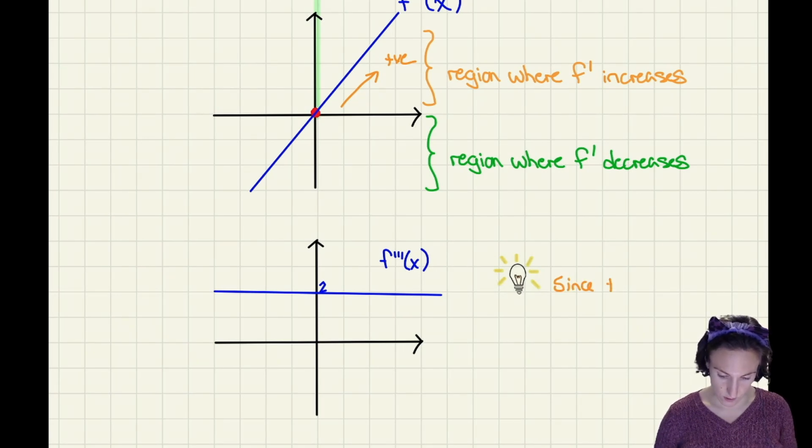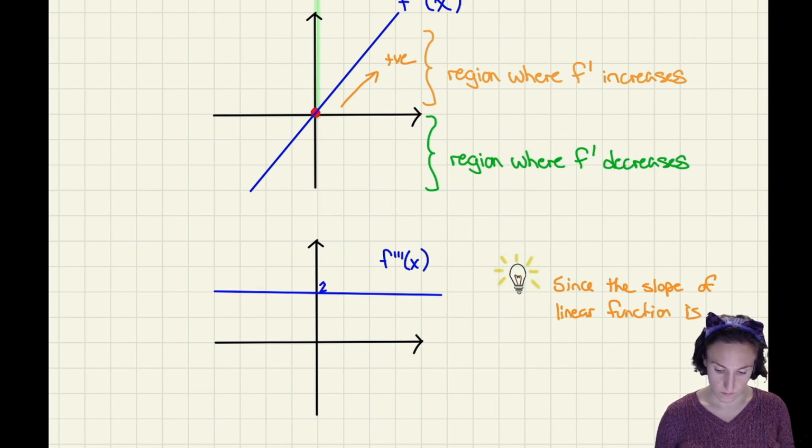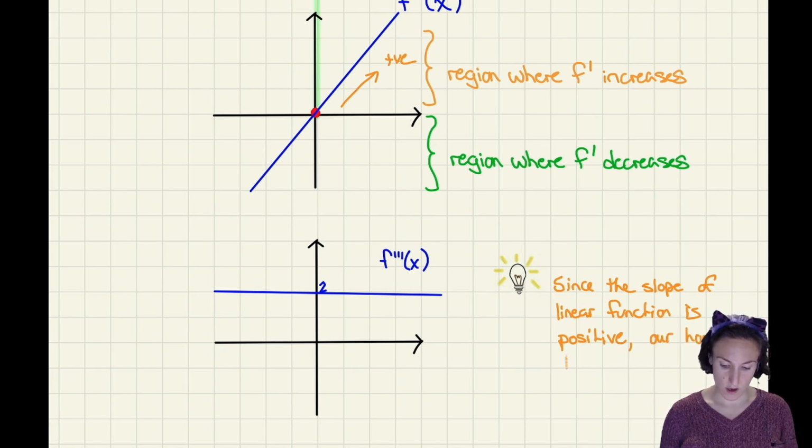So since the slope of the linear function is positive, our horizontal line is above y is equal to 0.